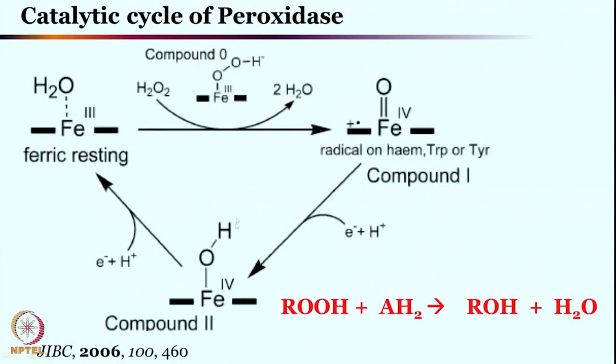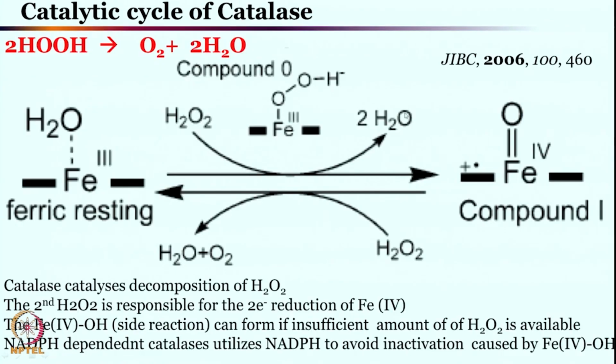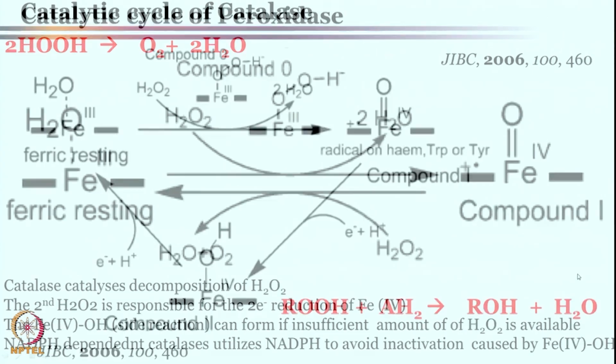In the absence of enough hydrogen peroxide, there is always a possibility of forming this high valent iron(IV) hydroxo intermediate, but the formation of this intermediate, which shuts down the catalase activity, can still be prevented if these are NADPH dependent catalases. Then it still ensures that this is the catalytic cycle that is being formed.